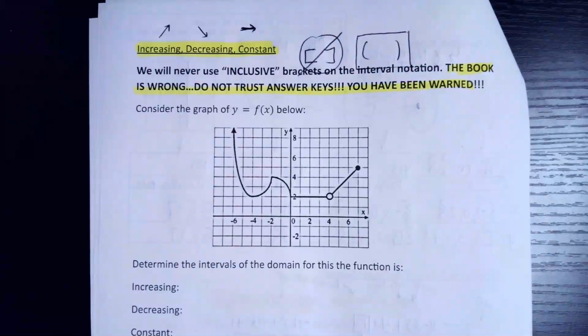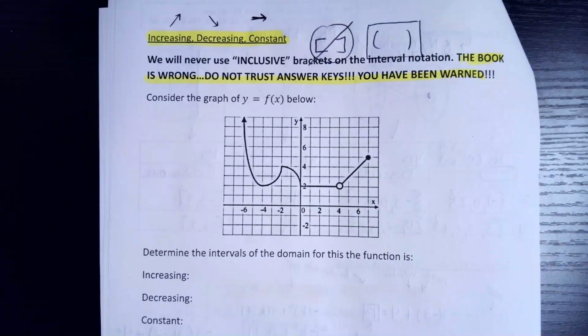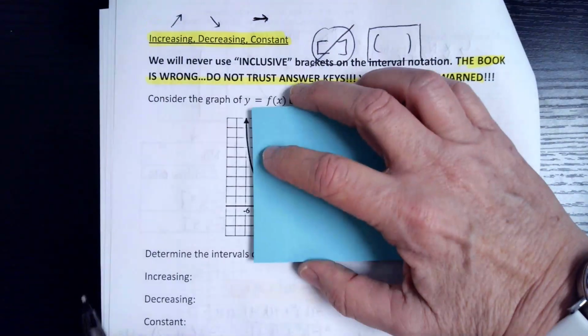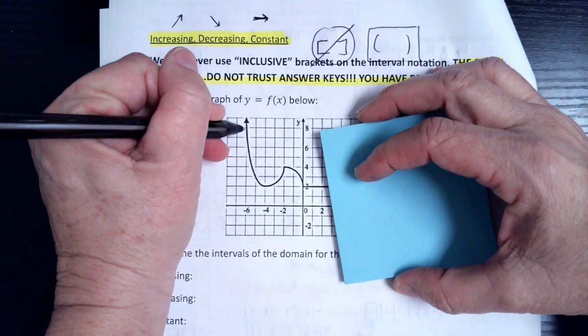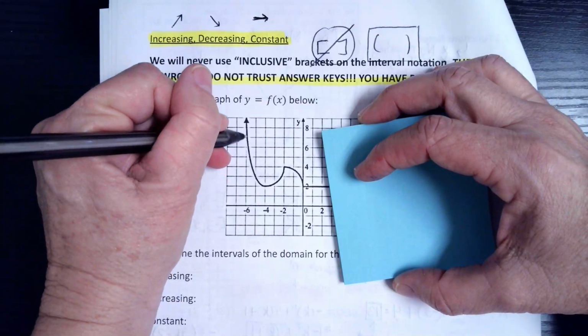So if I'm looking at this graph, I can kind of separate it into parts. I'm going to use this sticky note as a straight edge. So if I was following this graph, by the way, it looks like it is going straight up, but it's a function. So it's just getting wider and wider and wider.